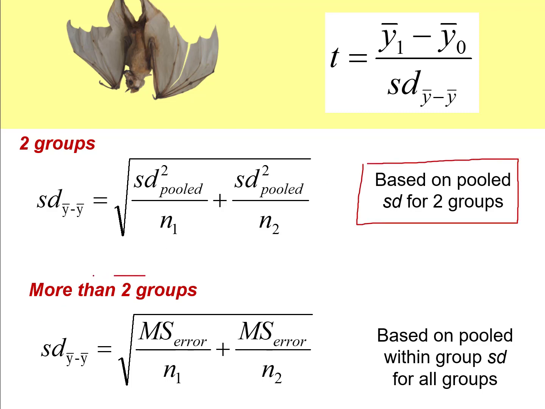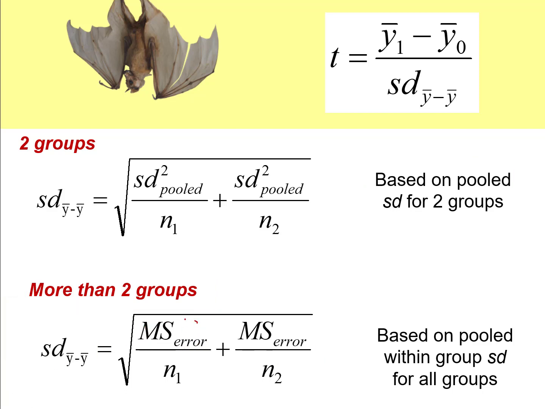But now if we have more than two groups, we're going to assume that we can get a better estimate of what that pooled variance is if we pool across all the groups in our study, not just the two groups we're comparing. And recall again that mean squared error from our ANOVA table gives us just that. The mean squared error gives us a pooled variance across all the groups in the study. So that's what we're going to do.